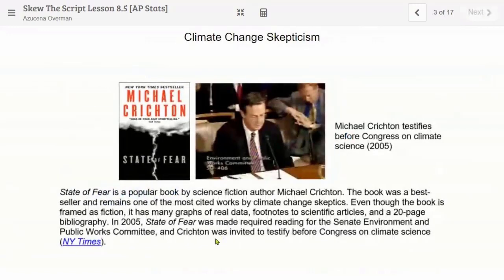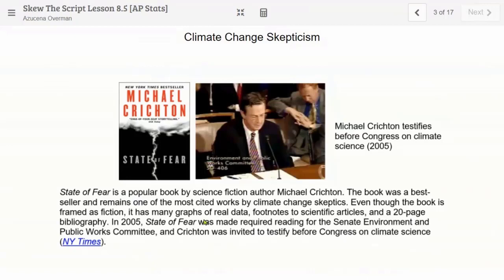Okay. Now, there has been climate change skepticism. Have you guys heard of Michael Crichton? Who's heard of Michael Crichton? I'm pretty sure he's the one that wrote Jurassic Park, right? You guys have heard of Jurassic Park. That's a good one. So he tends to look at things in science and then try to take them out and make a really interesting story about it.